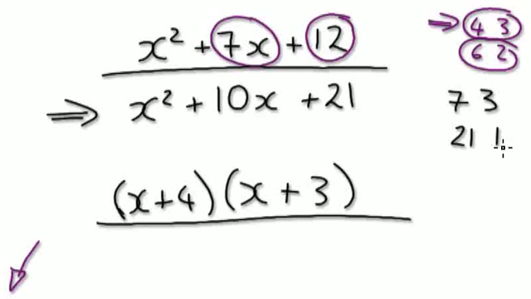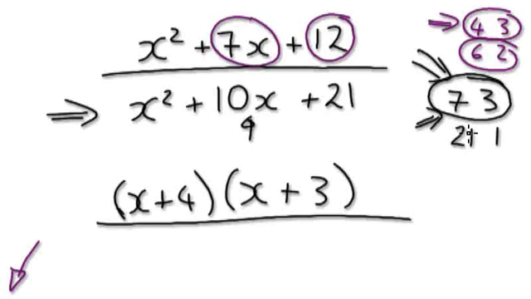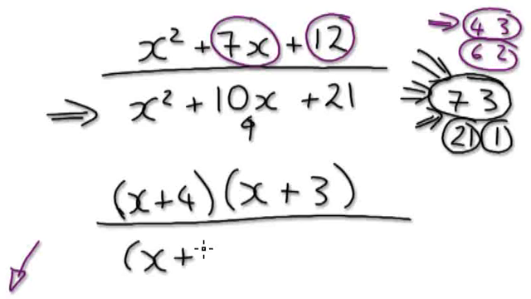I could use a 21 and a 1, but gut instinct tells me I should use a 7 and a 3. So a 7 and a 3 when added together will give me this. Actually, I should use the 7 and a 3, because with a 21 and a 1 I will not be able to create a 10x. So I must use 7 and a 3. So this will be x plus 7, and then x plus 3.